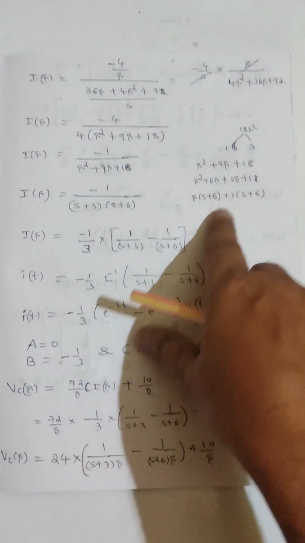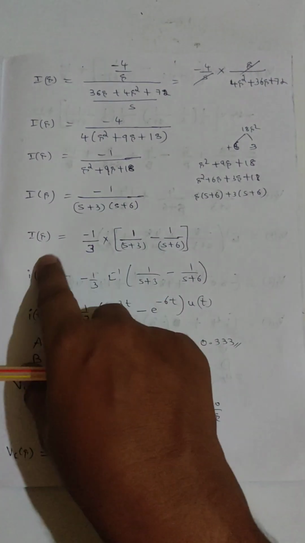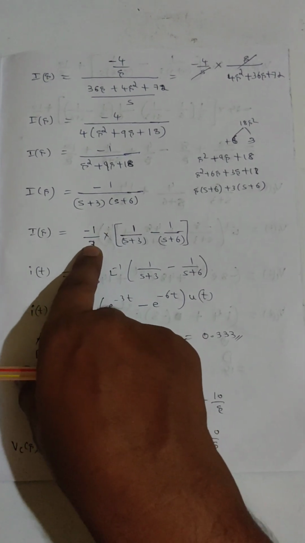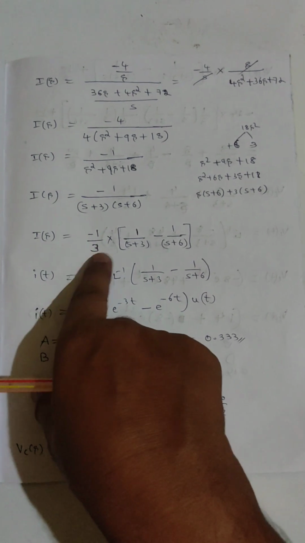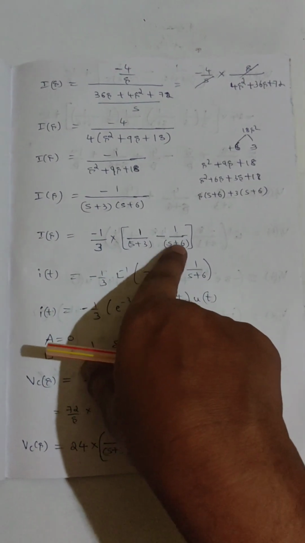This fraction has 2 roots, so we get s plus 3 and s plus 6. So I of s is minus 1 by 3 times, and why did I write 3? You should analyze. It is 1 by s plus 3 minus 1 by s plus 6.